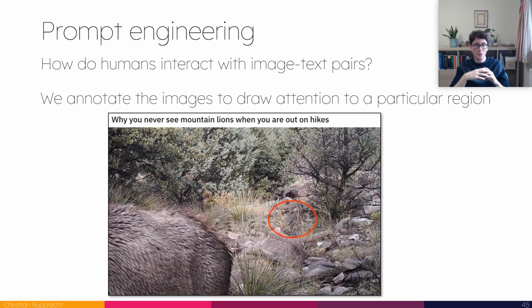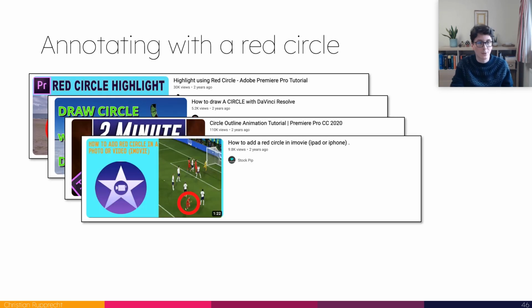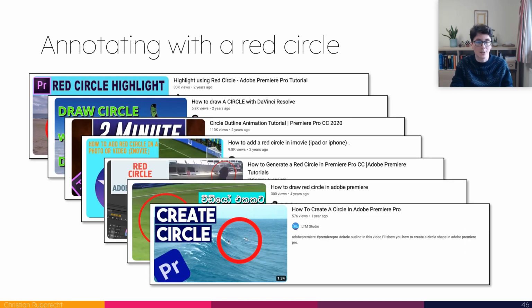So if I want you to see that there's a mountain lion in this picture, I rather draw a red circle around this mountain lion, otherwise it is very difficult to spot. And this red circle seems to be very prevalent. So if you go on YouTube, you find hundreds of tutorials that show you how to actually add a red circle to a video.